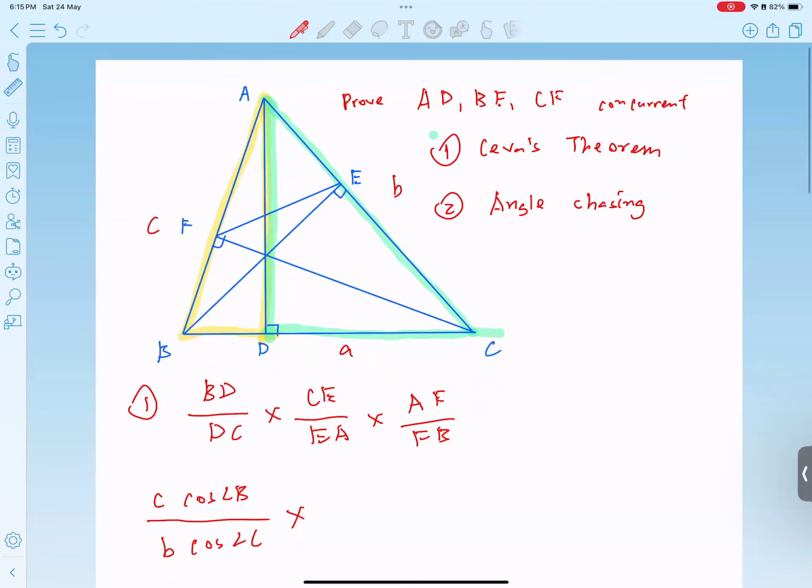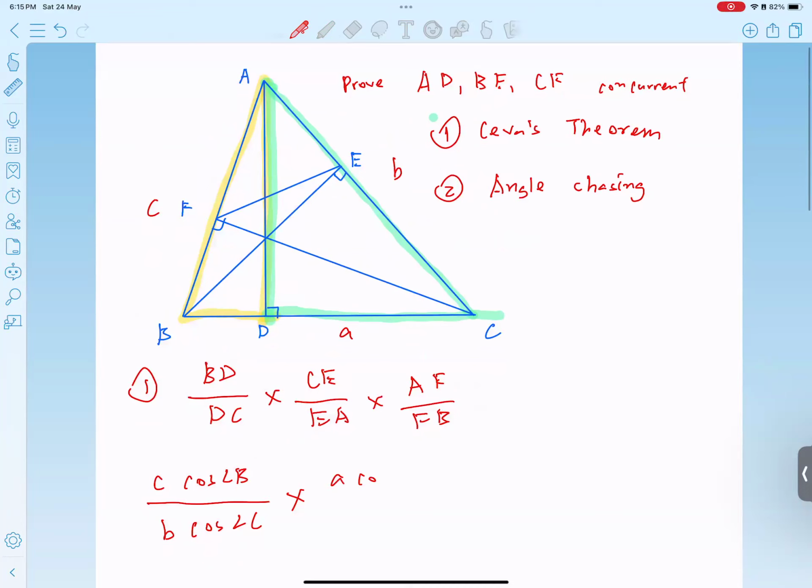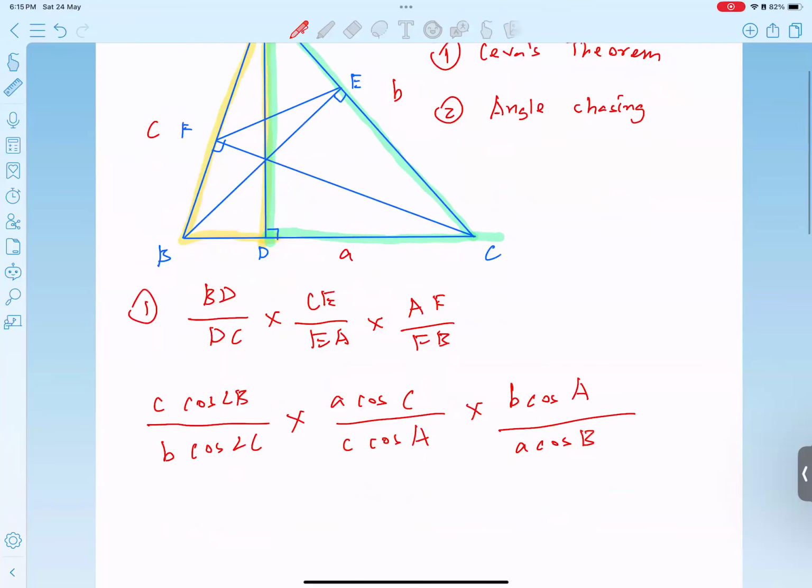CE will be a cosine C, and EA would be c cosine A. That would be AE, c cosine A, times AF, that would be b cosine A, and FB, a cosine B. And you see all of these, they cancel out.